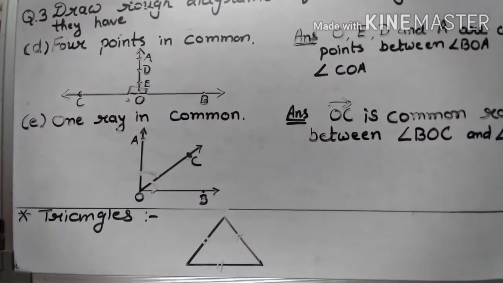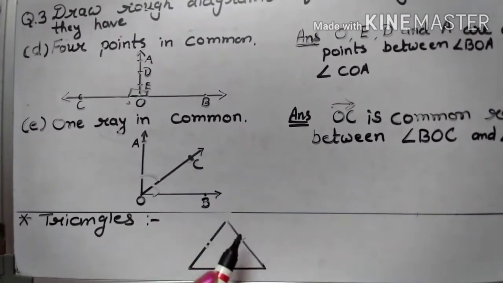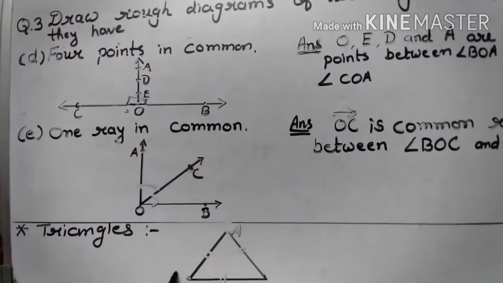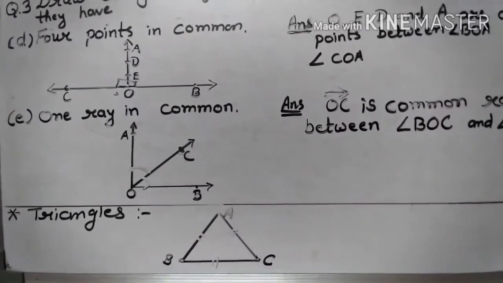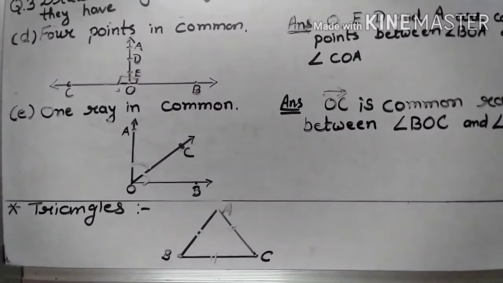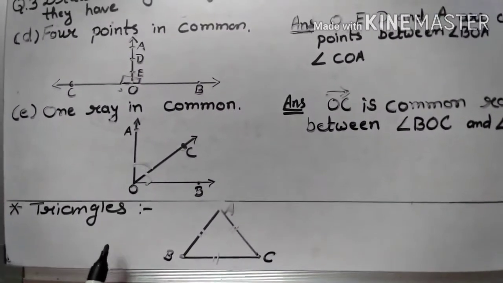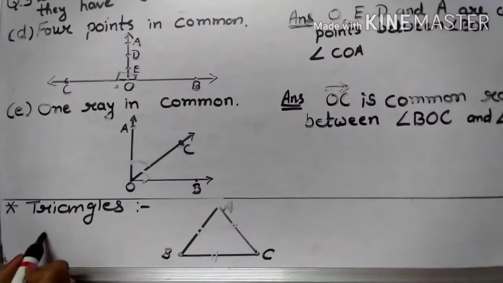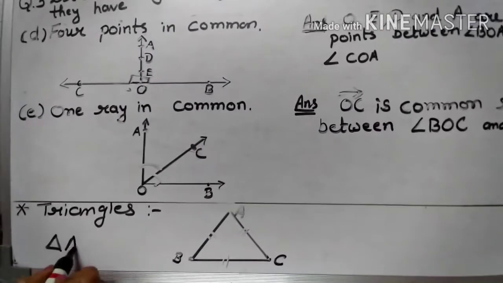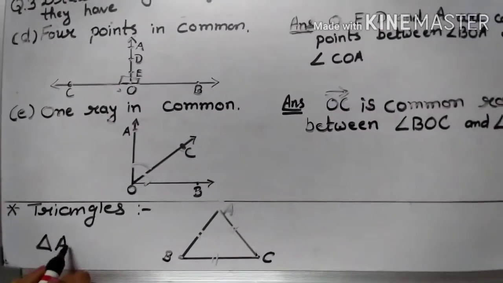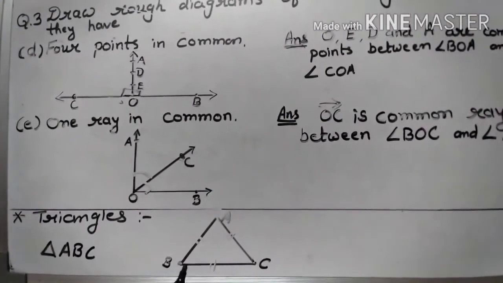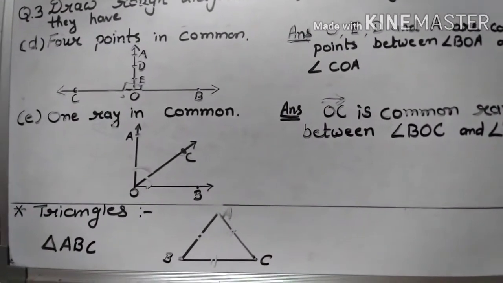And how many vertices are there? 3 vertices. Suppose we give the name A, this is your B and here is your C. Now ABC is a triangle, but you cannot write the word triangle ABC. You have to write it with the symbol for the triangle. Now you can call it triangle ABC. Now can you identify the sides of a triangle?